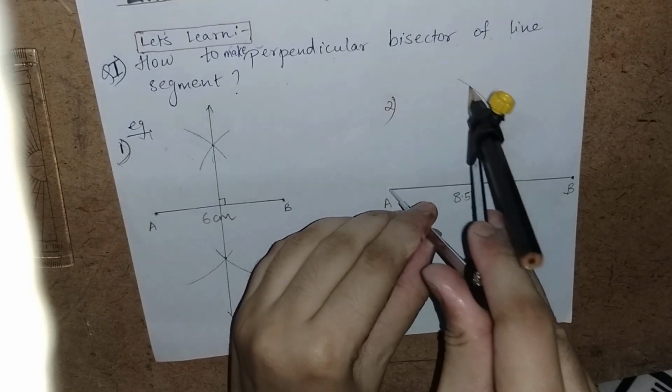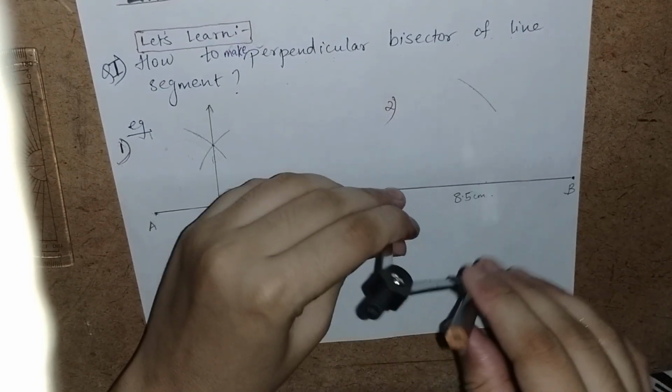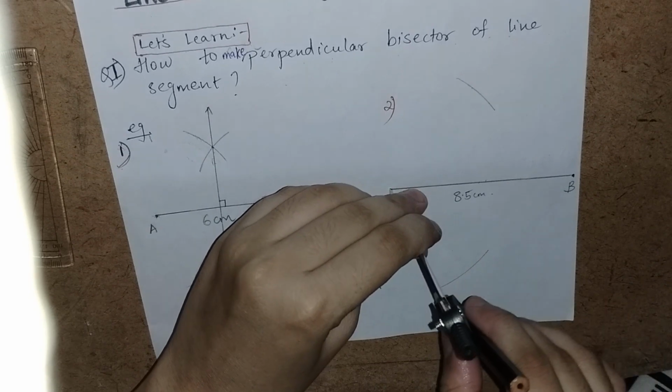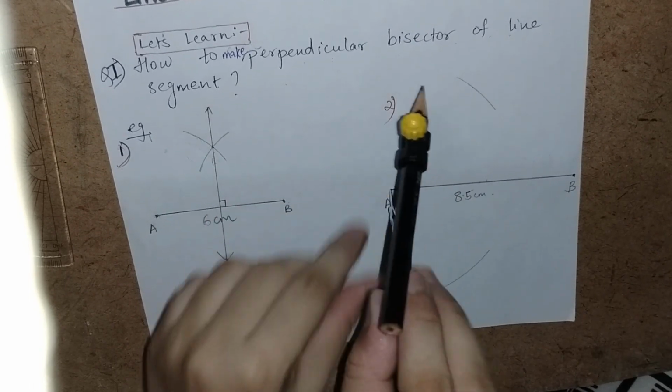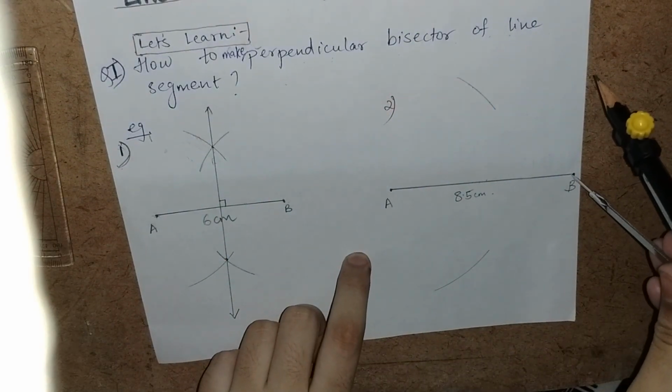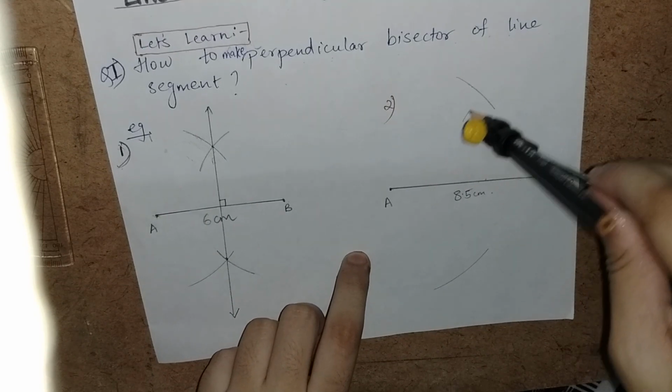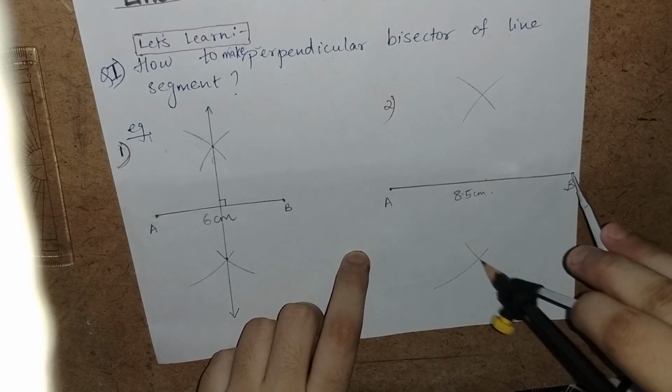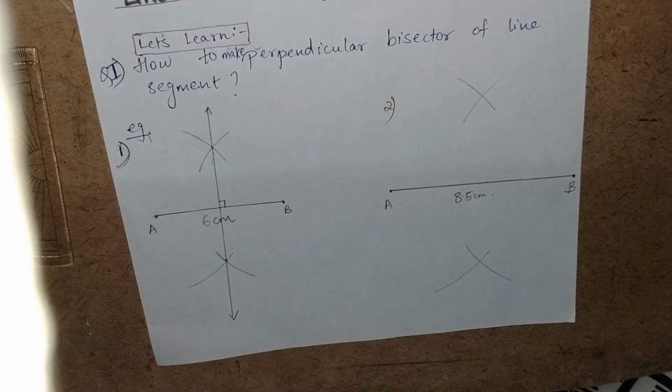And from one end, mark one arc outside and one below. Go to point B, mark one arc upside and one below. Now what?